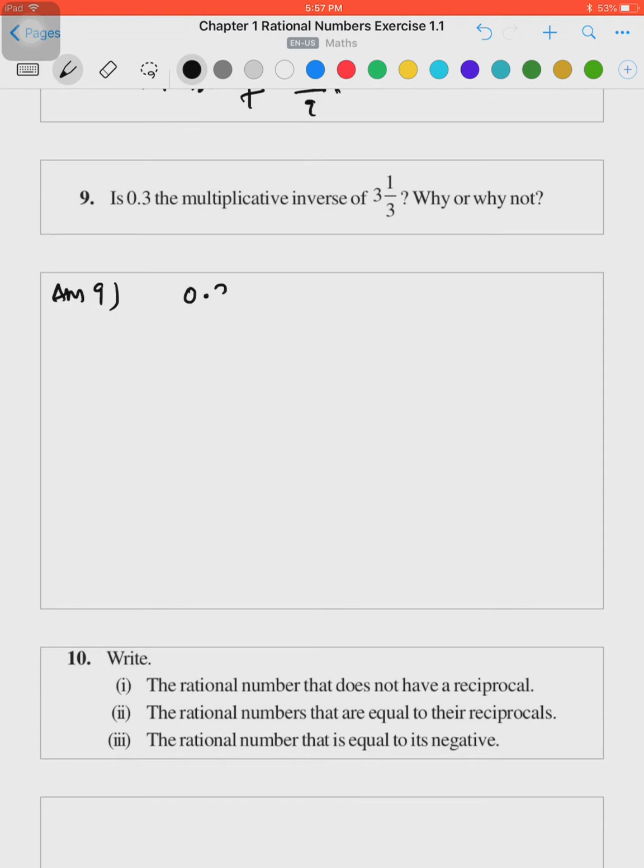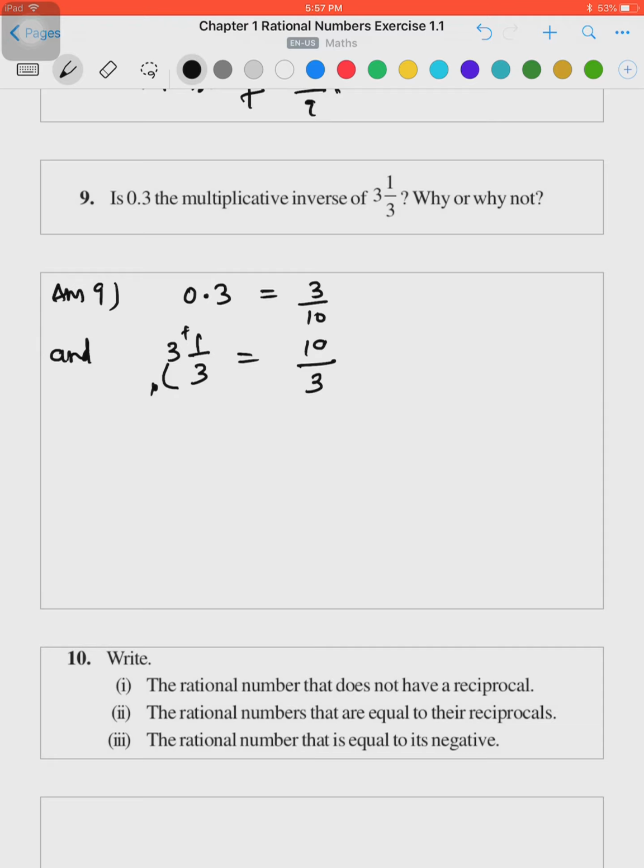The first number given to us is 0.3, and when you remove the decimal you will get 3 by 10, and the second number is 3 and 1 by 3. When you simplify this, these two will be multiplied, then add this. 3 into 3 is 9, 9 plus 1 is 10 by 3.